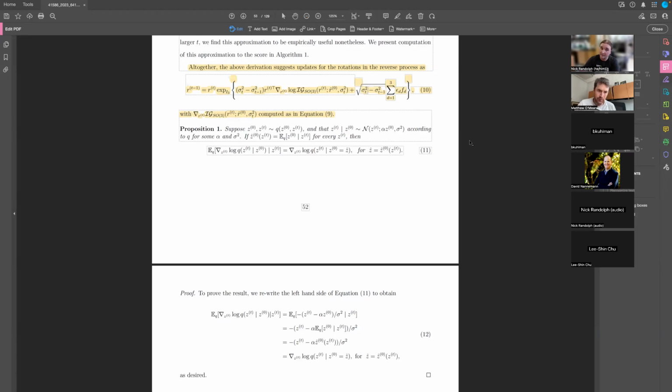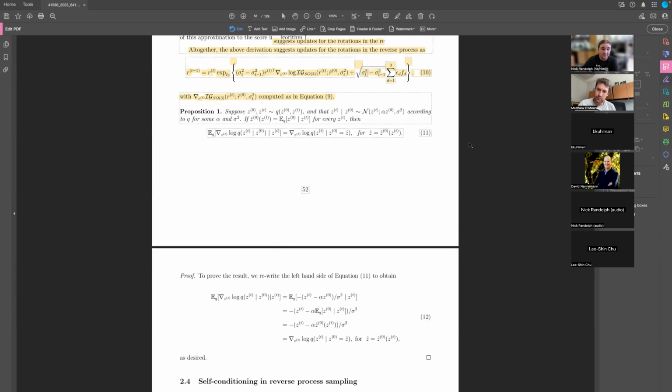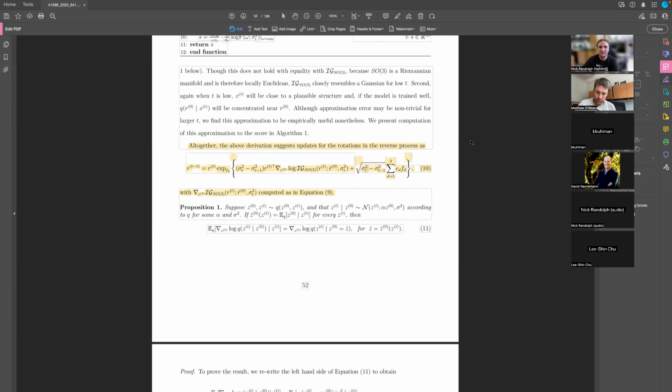And in FrameDiff they just use the ground truth, right? Yeah, in RF diffusion they predict the ground truth structure and then back calculate what the noisy interpolation to denoise it is.